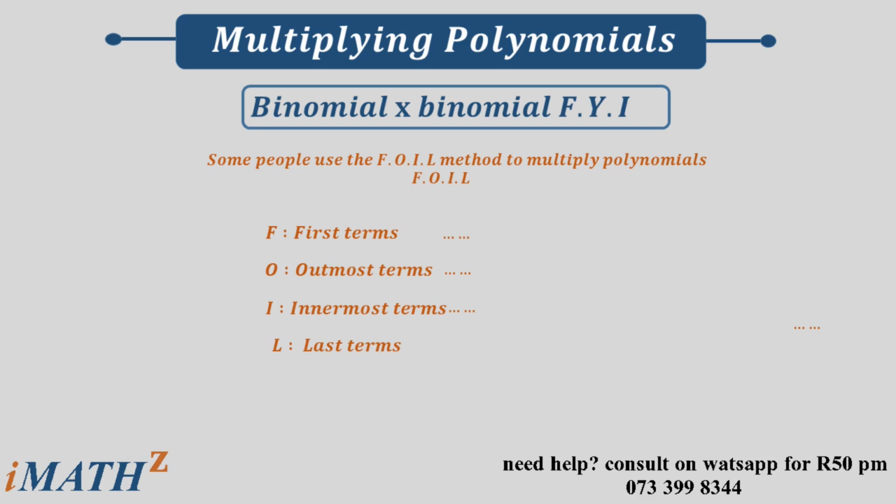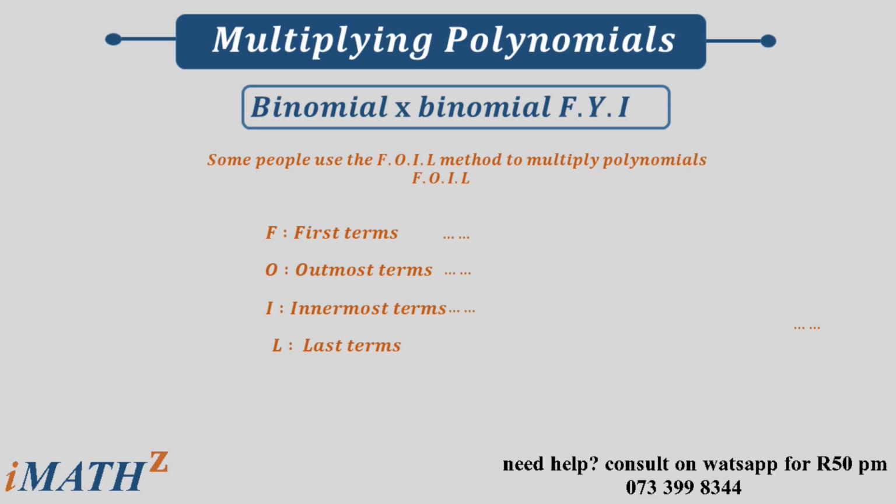FOIL basically gives us the order in which we should multiply the terms in each of the binomials. Well, what does that mean actually? Let's take the binomials in the previous case and try to apply the FOIL method.